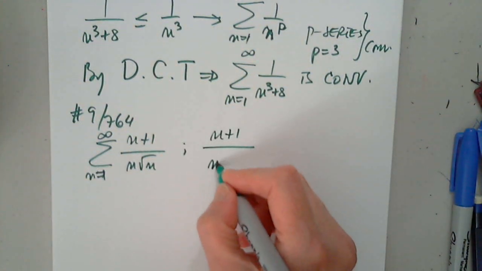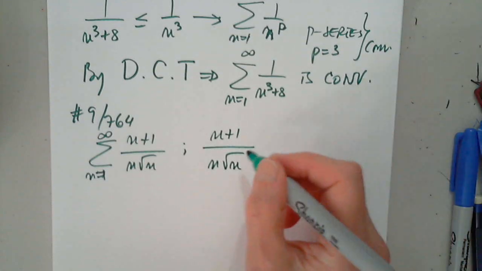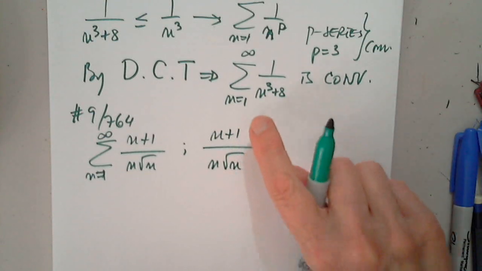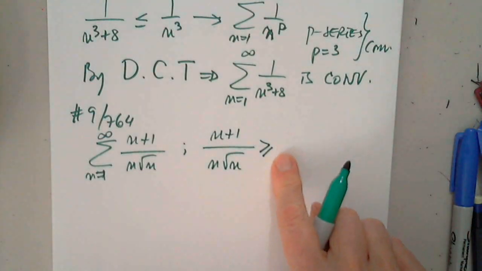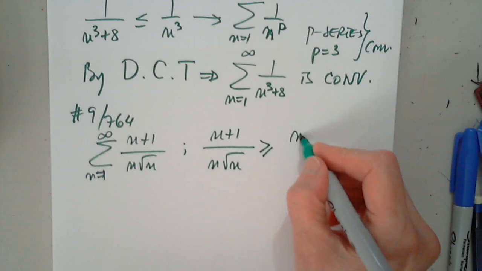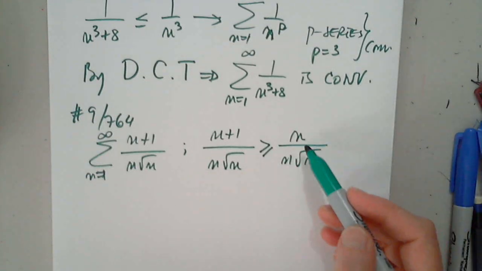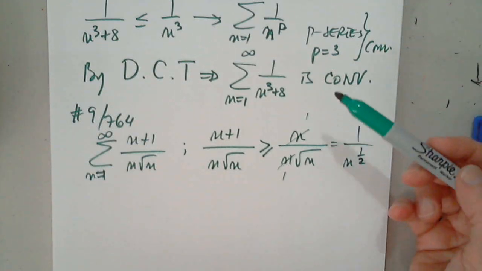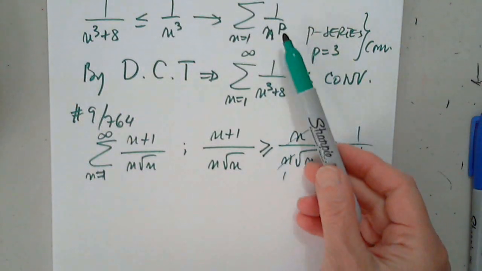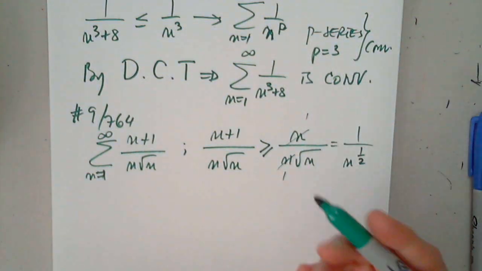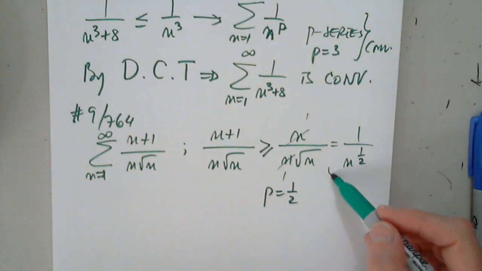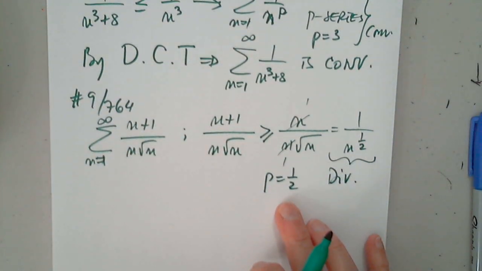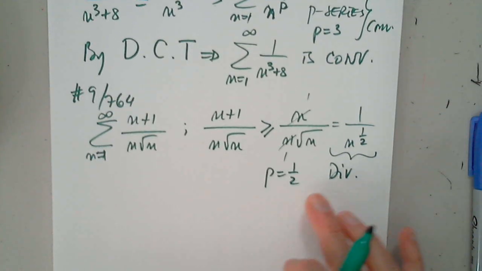We know for sure that this is greater than or equal to, if I remove 1 from the top, this fraction will be smaller than what we had originally. If we simplify this, we get 1 over n to the 1/2. But this time, this is a p series with p equal to 1/2. So we know it's divergent because p is not greater than 1, it's less than 1.